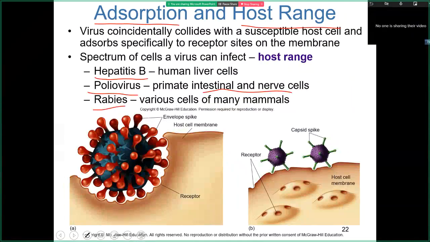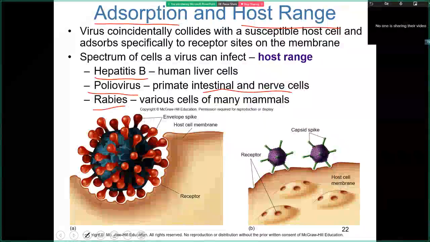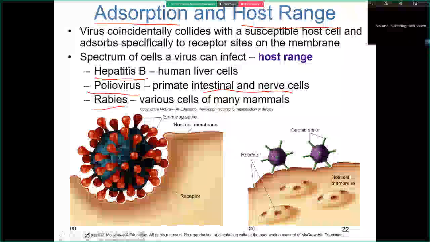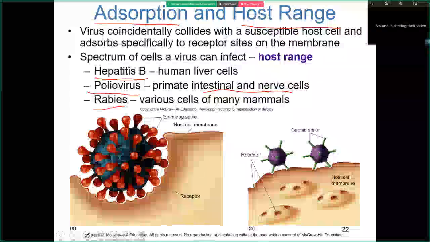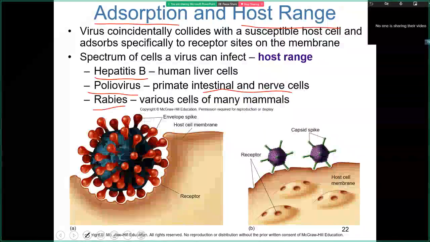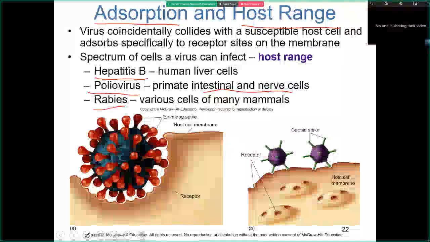I don't know why that's allowed, but anyway, pangolins or snakes, and then from there they made their way to humans. So if you're in close contact for an extended period of time with those types of animals, they harbor a virus that could find its way into your body, and if the host range of that virus is broad enough, it could infect you. So that apparently is what happened.